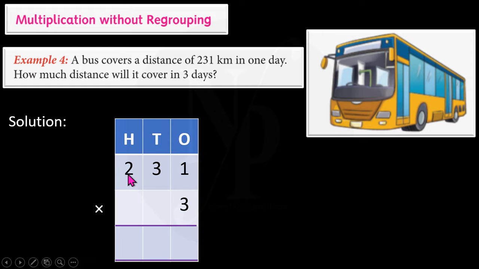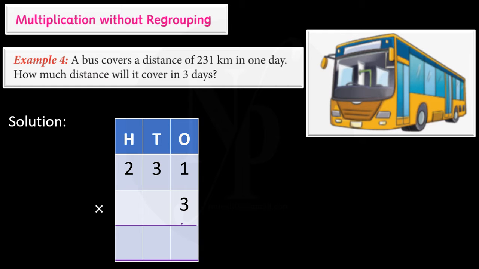So in the number 231, 2 is in hundreds place, 3 is in tens place, 1 is in ones place. And we are multiplying 231 by 3. So here this is the cross mark which represents the multiplication. Now let us multiply and find the total distance traveled by this bus.